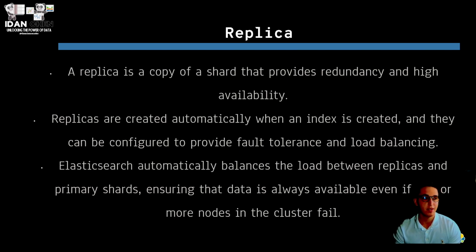So let's say you have a cluster with 2 nodes, and one node fails. In this case you have the replica shard that contains the same documents as the primary shard. We will see an example.